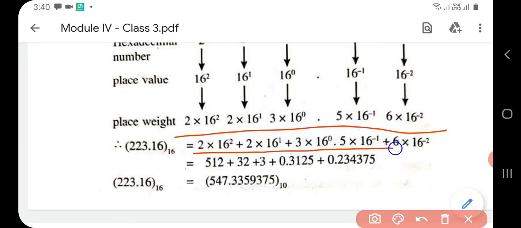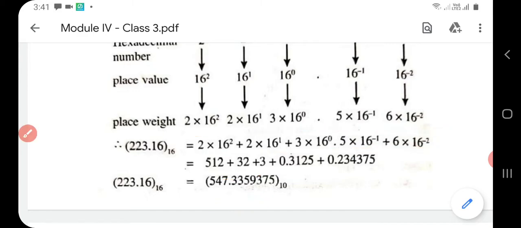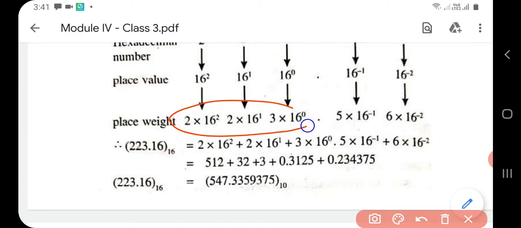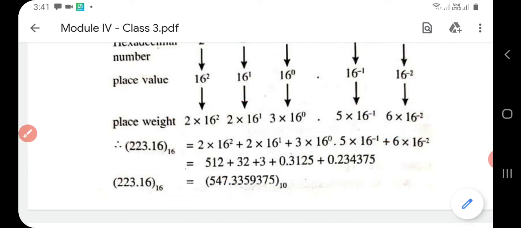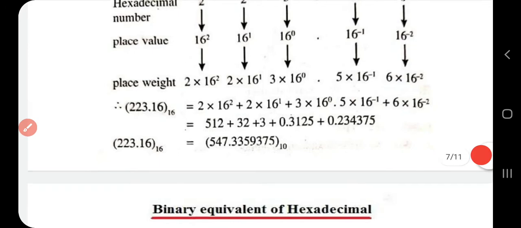On adding, you will get the answer. Do remember, it will be separated by a dot. First of all, add all this, which will be 547. Then the dot as such. Then do the calculation of this part, which will be 0.3359375. On combining, you will get this answer.